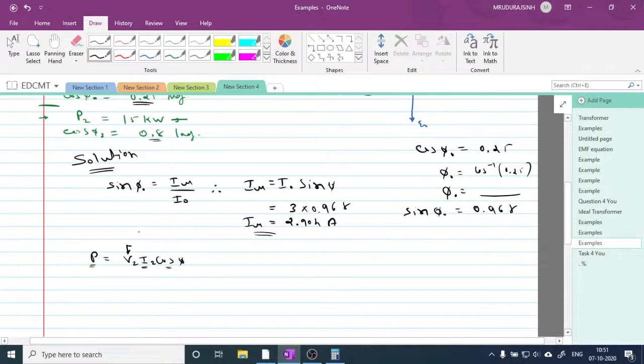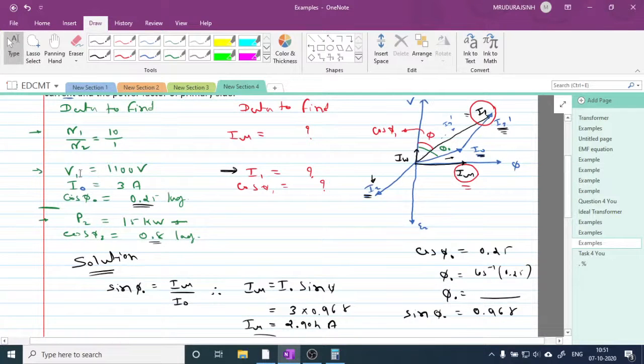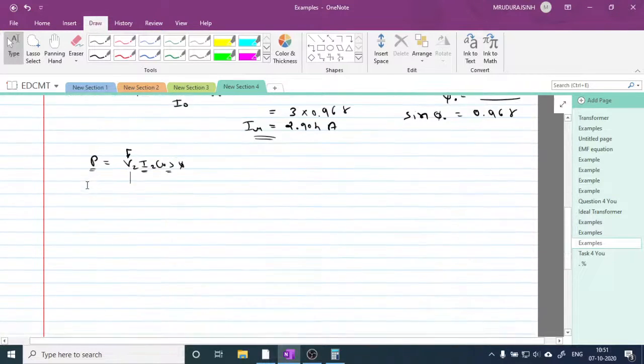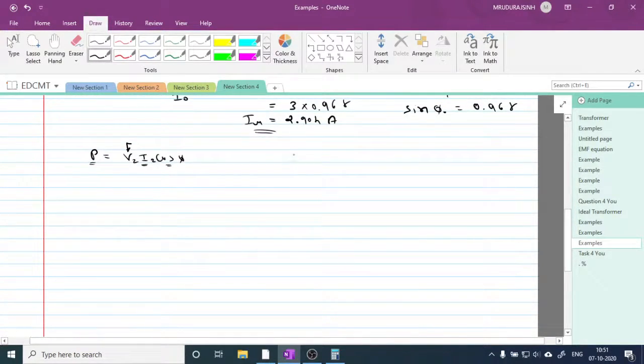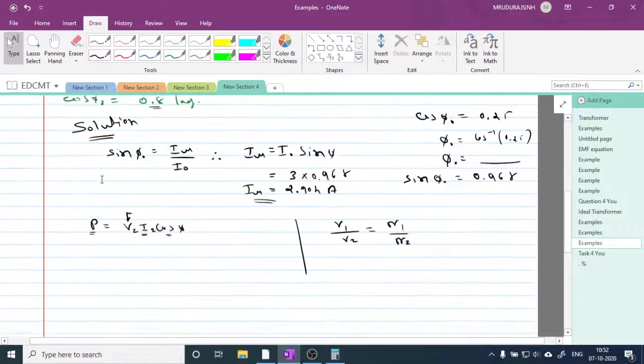So how do we get the secondary voltage? Let's observe the data given to us. Yes, we can find it easily because there is one equation: V1 by V2 is equal to N1 by N2. The turns ratio is given to us, and V1 is also given to us.